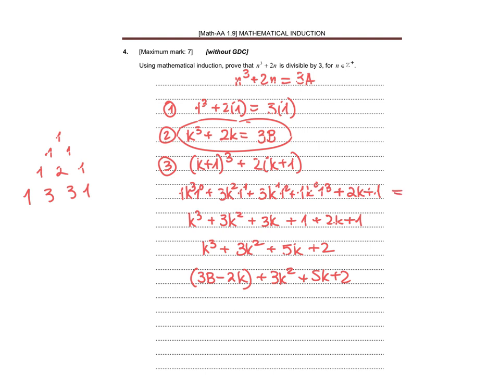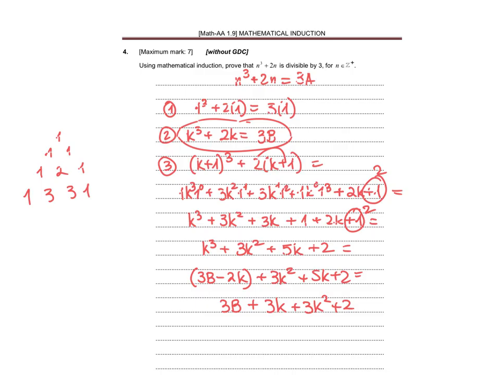So all these are equal. So now we're going to have 3b. And negative 2k plus 5k is going to be 3k. And we have 3k squared, and we have 3. Okay, so the 2's obviously not right, I did not distribute. This needs to be a 2 the whole way down.